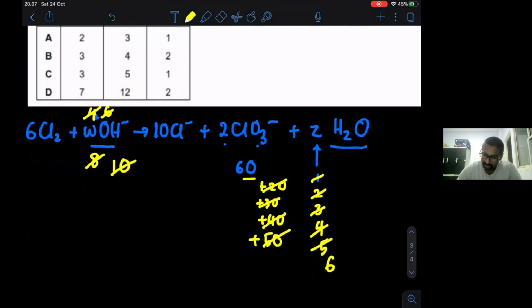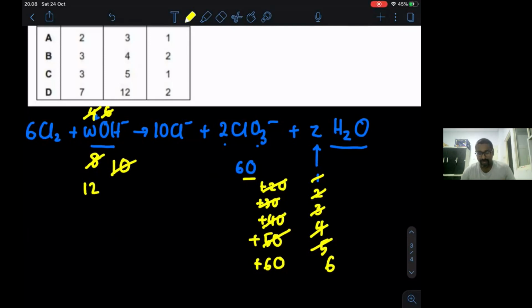So if I put 6, I am going to get 6 oxygen, plus 6 oxygen, I'm going to get 12 oxygen. If I put 6 oxygen, I'm going to have 12 hydrogen there, so I'll put 12 hydrogen here. If I put 12, there's 12 oxygen. So it's balanced now.